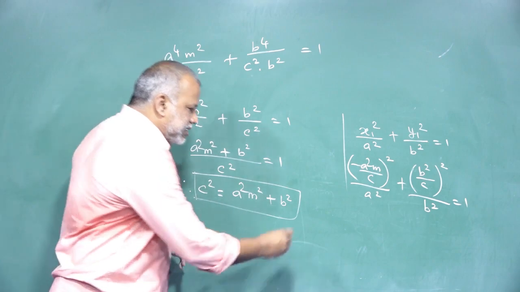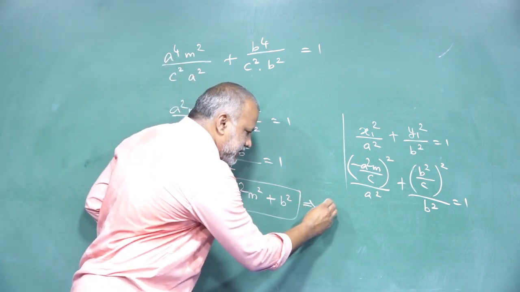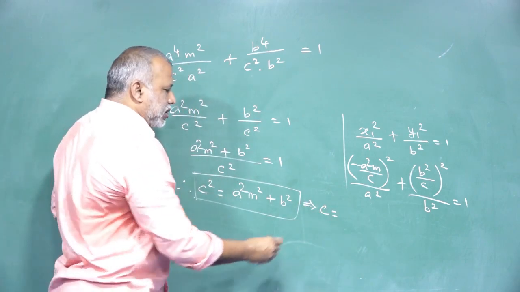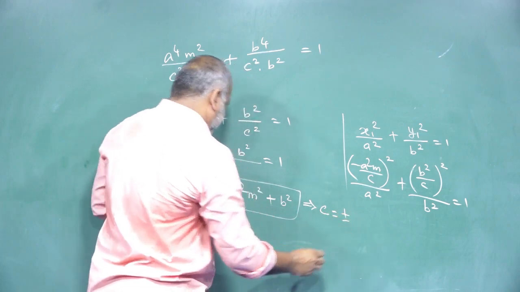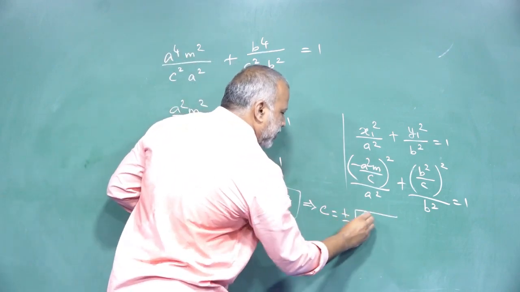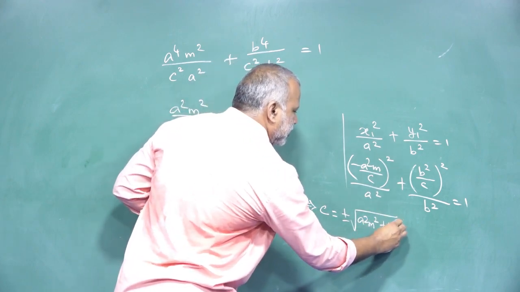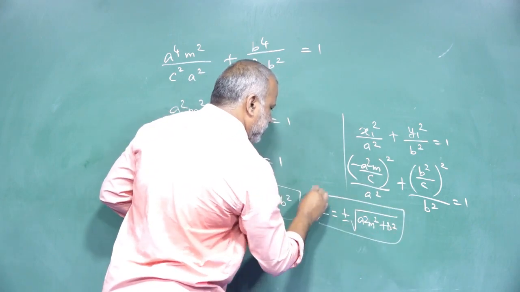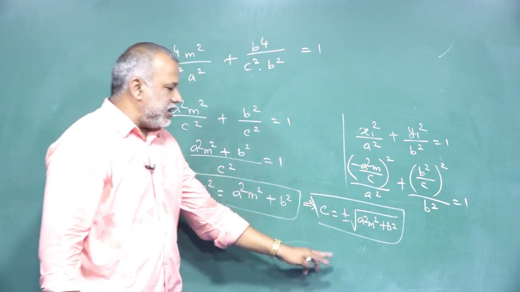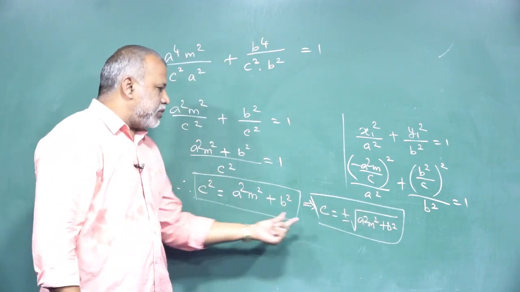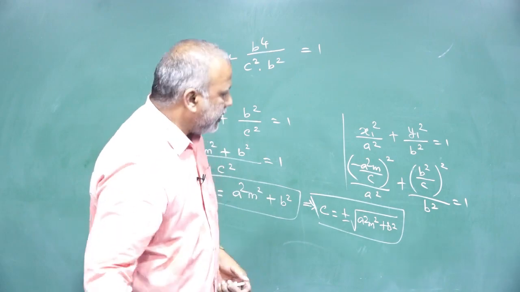This is the required condition. From this we can say c equal to plus or minus square root of a squared m squared plus b squared. That is the required condition.